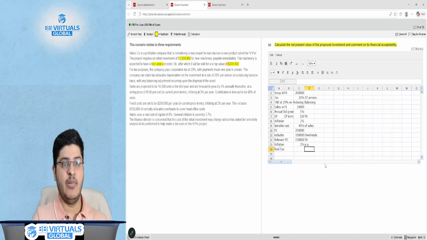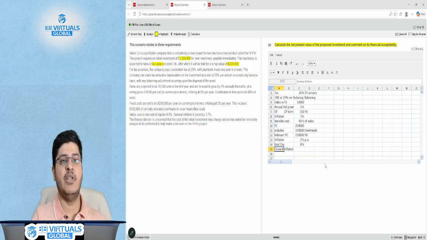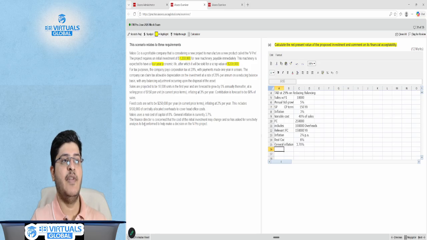So real cost of capital is 8%. General inflation is 3.7%, correct. Now you'll be able to calculate the nominal cost of capital using this. What else is given? The finance director is concerned that the cost of initial investment may change and has asked for sensitivity analysis to be performed to make a decision on the project.